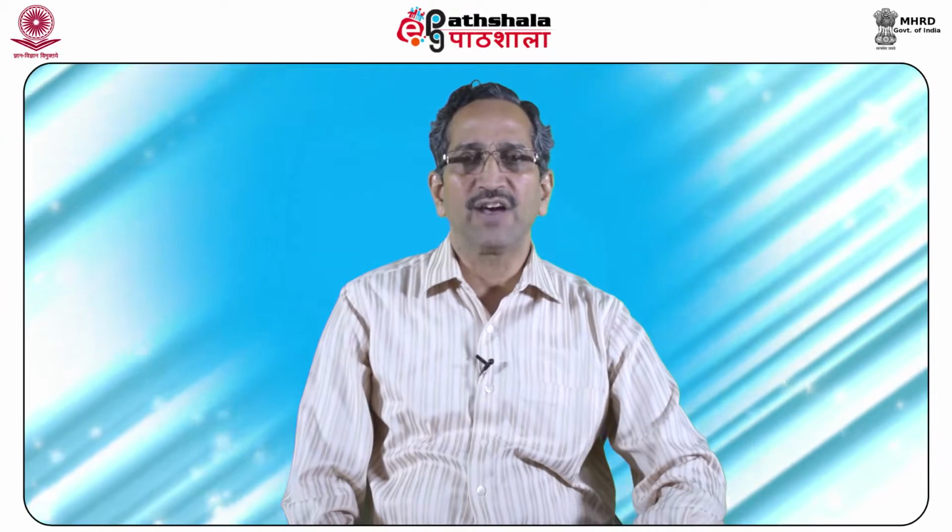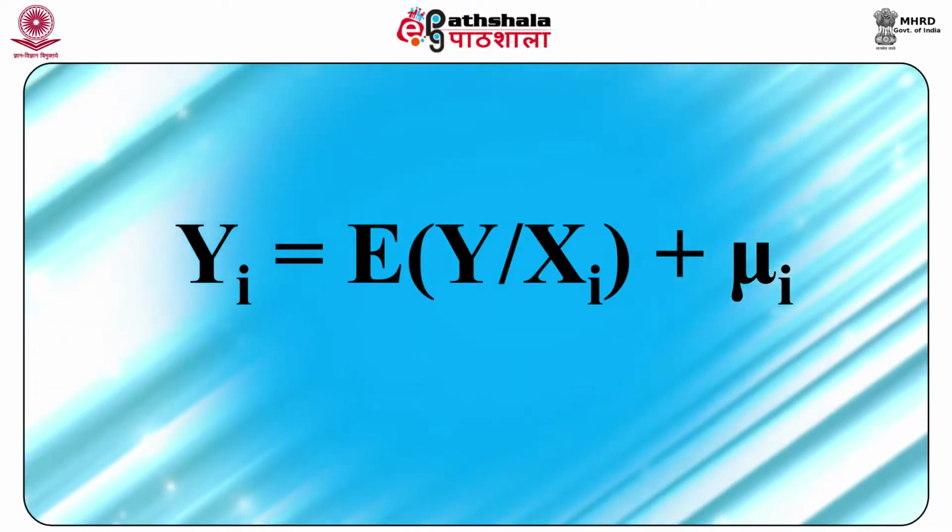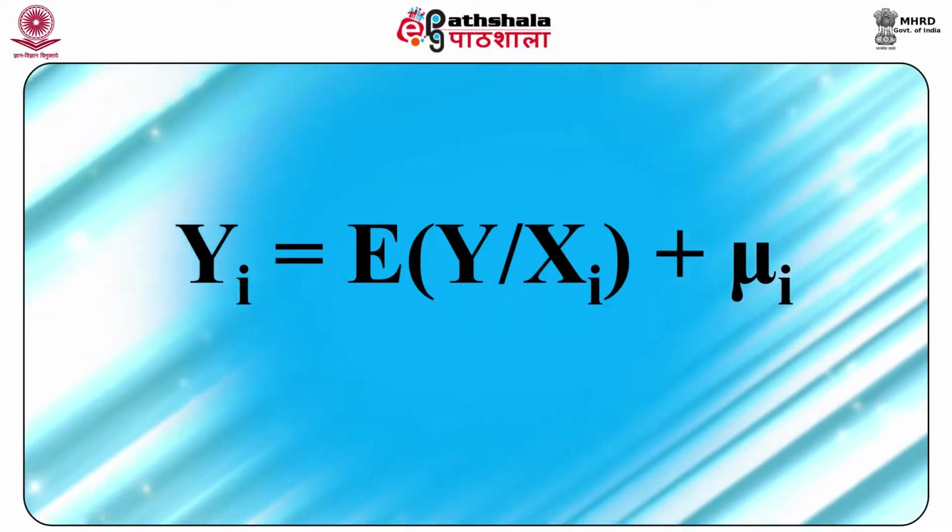Therefore, actual value of y, yi wage, can be said to be made up of two components, the estimated or expected value, which can be written as expected value of y given x equal to xi, that is shown by the regression line, and an error term depicted by mu i or mu. Therefore, yi is equal to expected value of y given xi plus mu i.